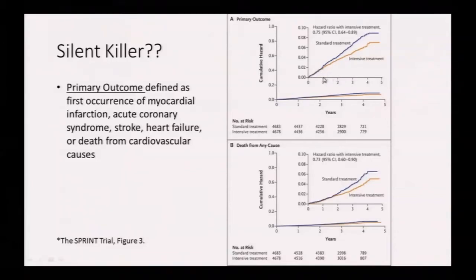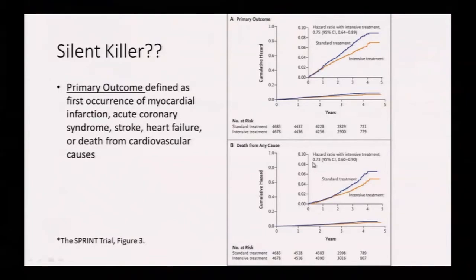And what I wanted to point out here is you can see a separation in the two groups, in the intensive treatment group with the orange line and the standard treatment group with the blue line, right around 1 year of time after starting the treatment and getting blood pressure under control.